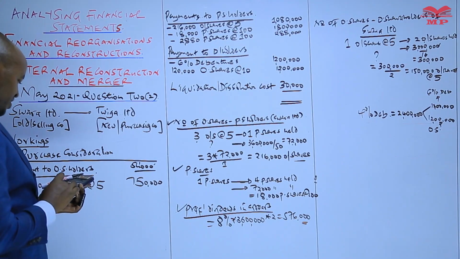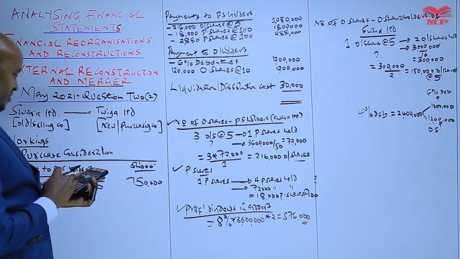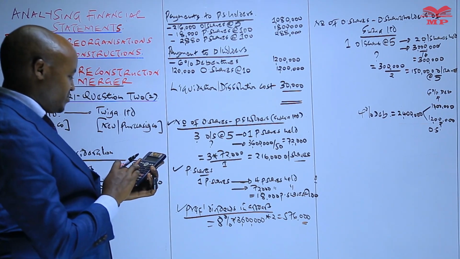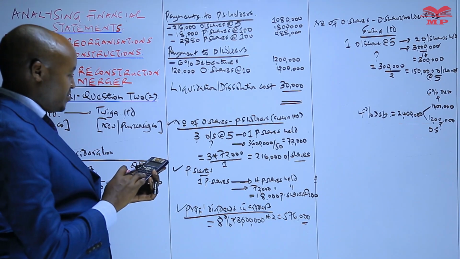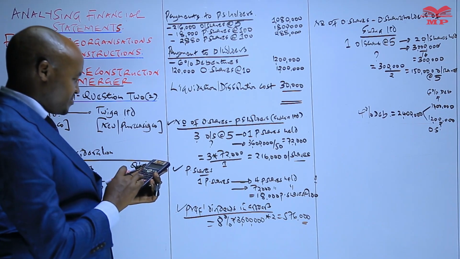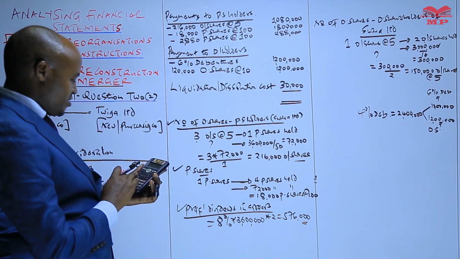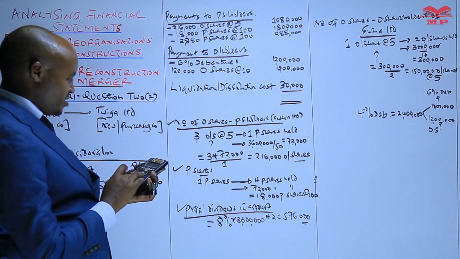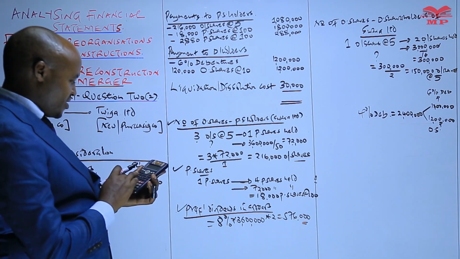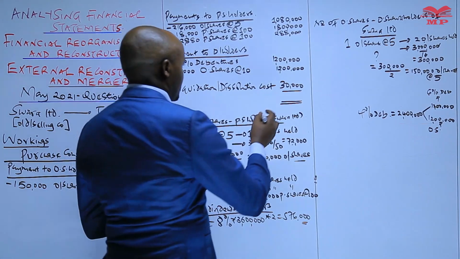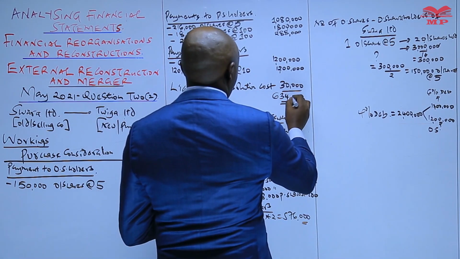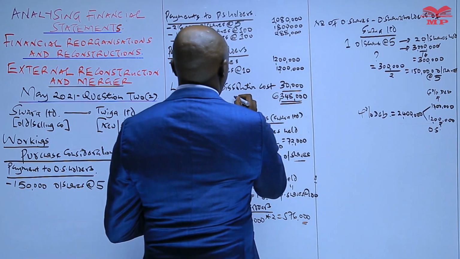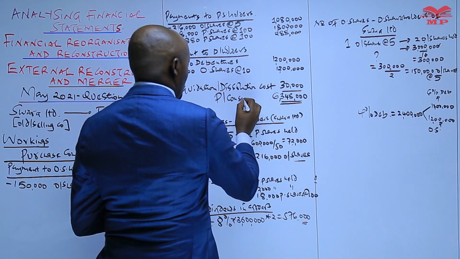So we have 750,000 plus 1,080,000 plus 1.8 million plus 288 plus 2.4 million plus 30,000, and that will give us a total purchase consideration of 6,348 thousand.